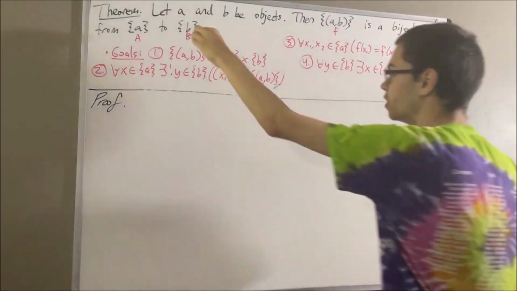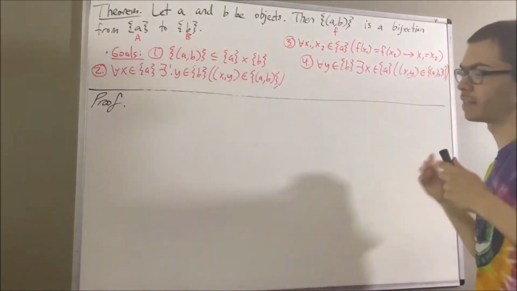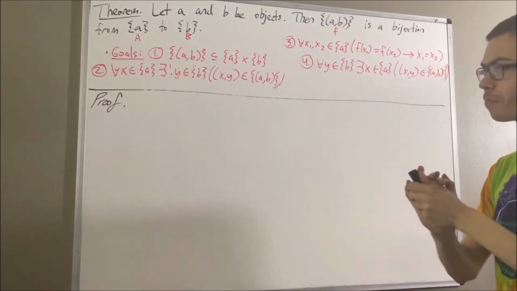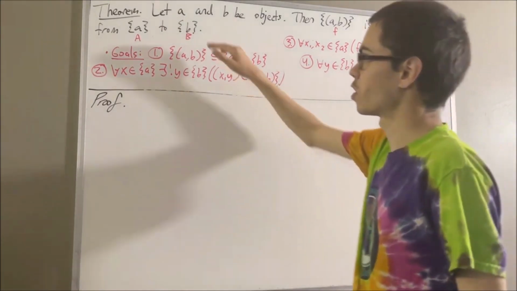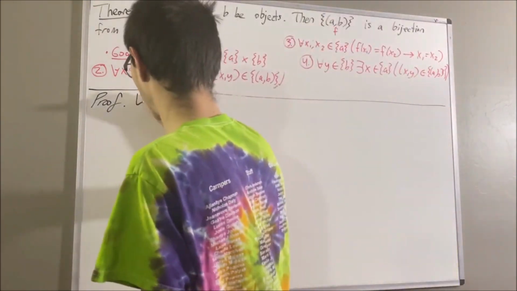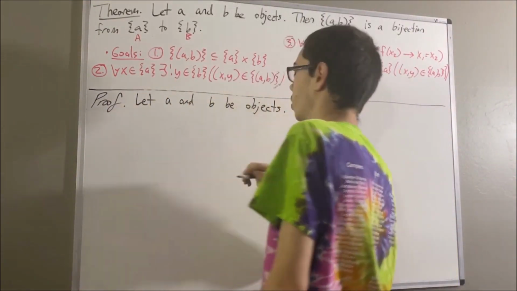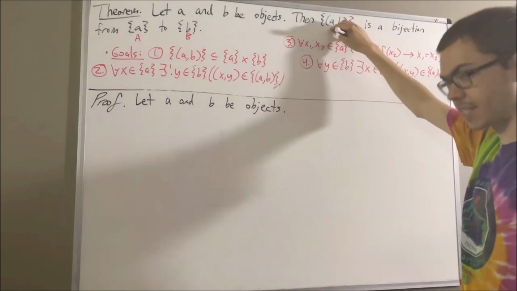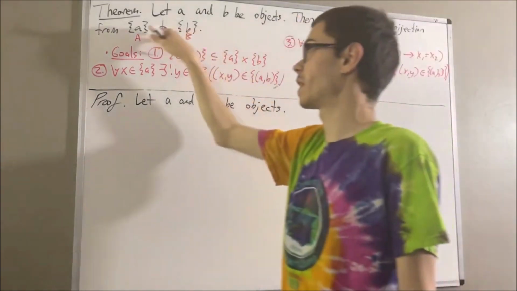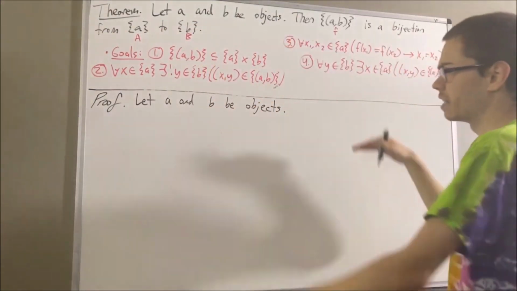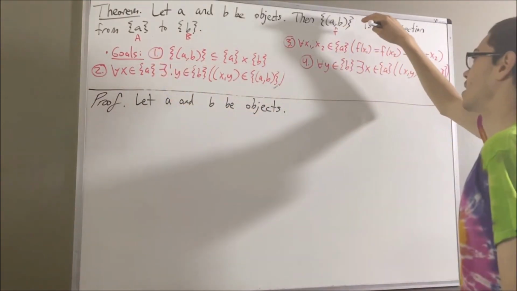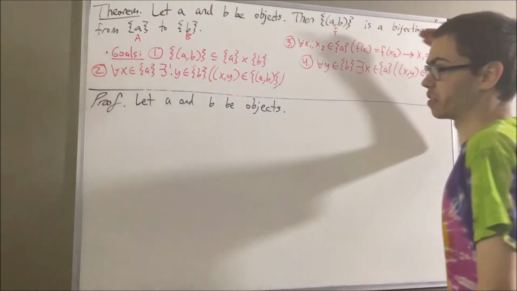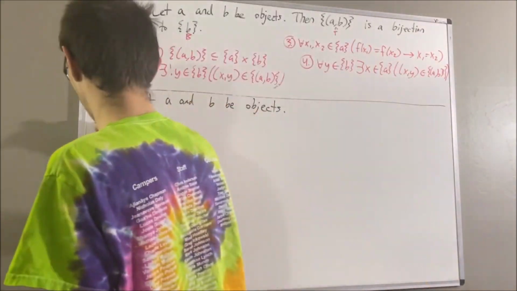Okay, so these 4 steps are essentially the outline of what we're going to be doing in our proof. So let's get into our proof. To start our proof, let's give ourselves 2 objects, A and B. And our goal is to show that this set is a bijection from this set to this set. And in step 1, we're first going to show that our set of ordered pairs is a relation from this set to this set.